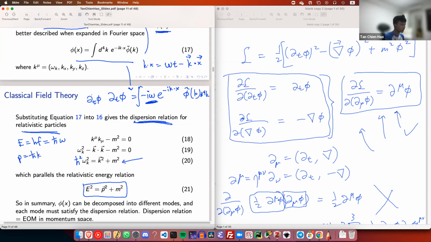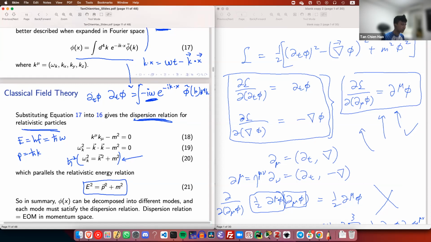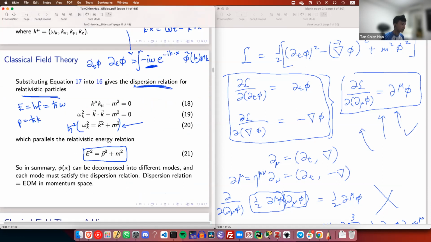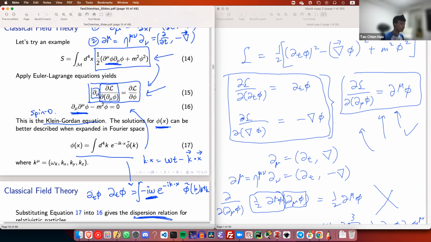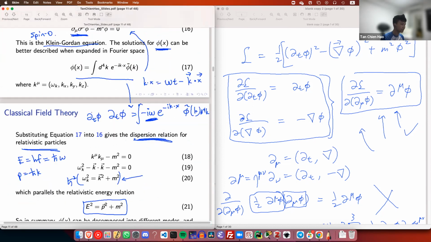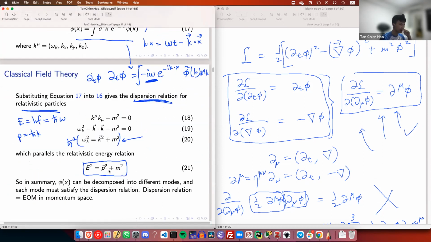So substituting, if we multiply h bar squared on both sides, we roughly get this. So this classical scalar field theory recovers the relativistic energy relation for scalar particles.